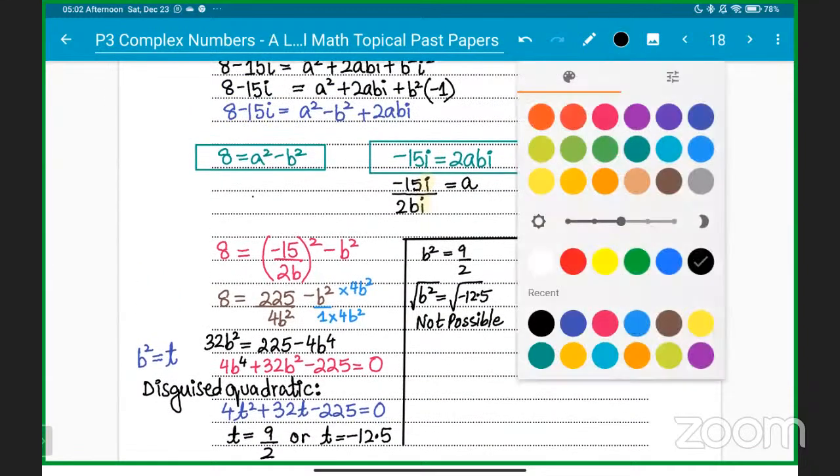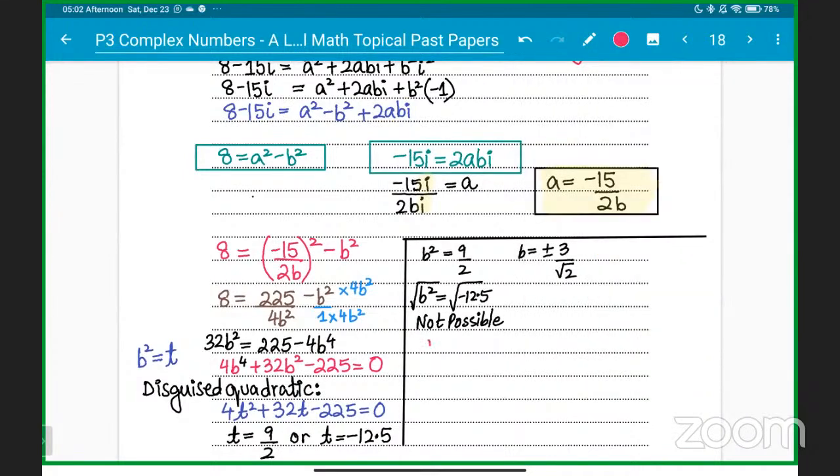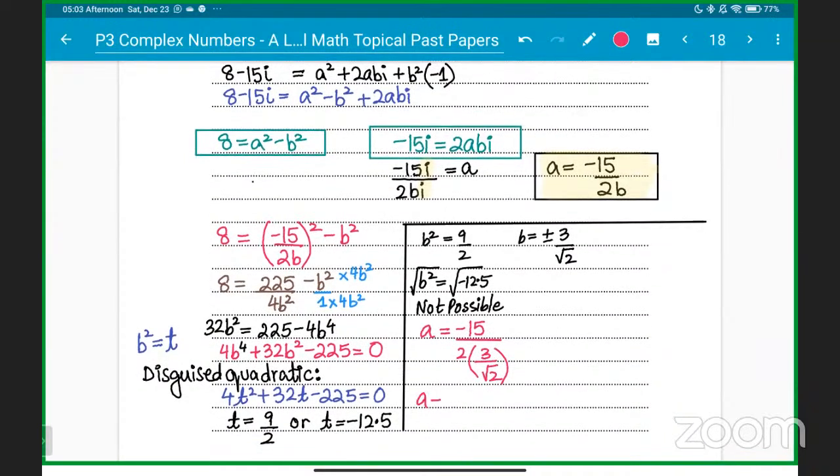Once you got the b value, you can easily get the a value. So a value will be minus 15 times, everyone following with me, right? It will be 3 divided by square root 2 one time with the plus. It should be minus 15 divided by 6 over square root 2.